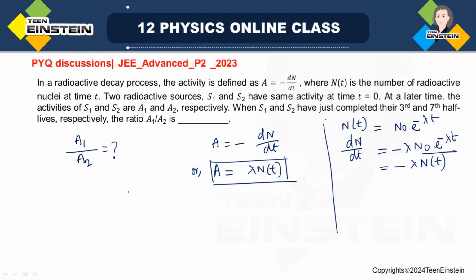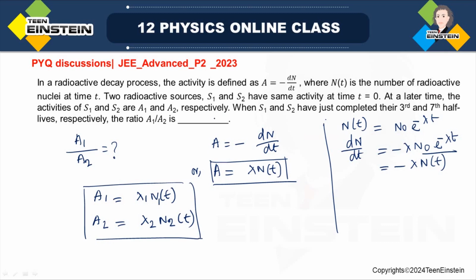So I can write A1 as lambda 1 N1(t), and for the sample S2 I can write A2 is equal to lambda 2 N2(t). So these are the expressions.